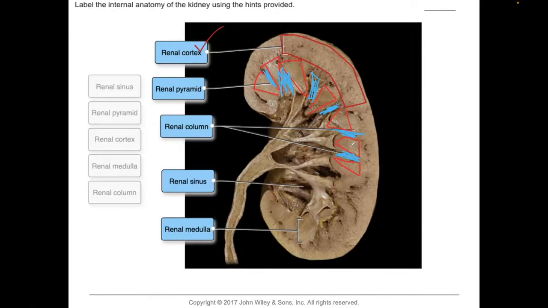So you have the renal pyramids, which are in the medullary region. Between each and every pyramid is going to be the renal columns. Okay. We can see down here on the bottom, there's the renal medulla. They just labeled it here. And then these openings here, these cavities, are the renal sinuses.